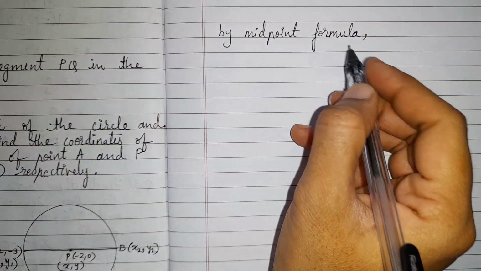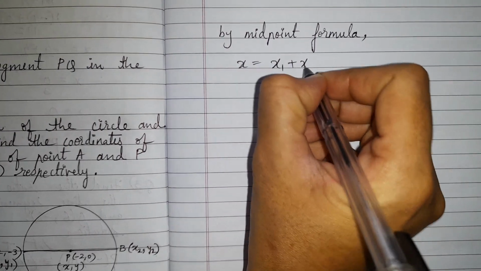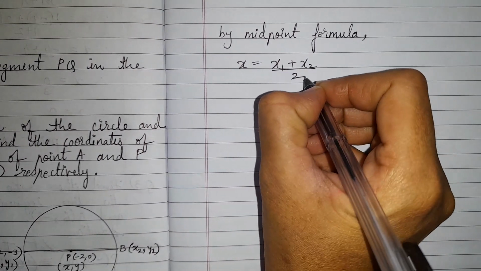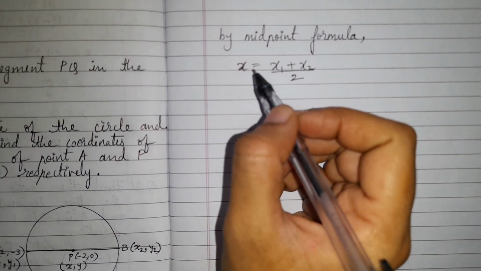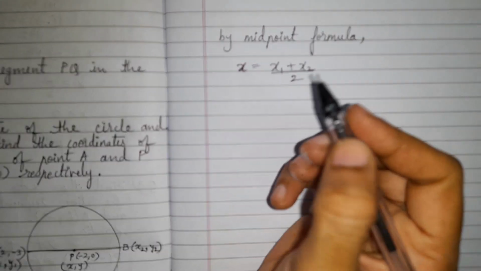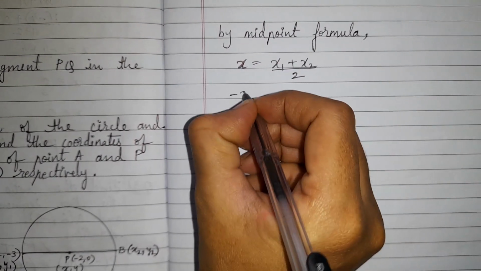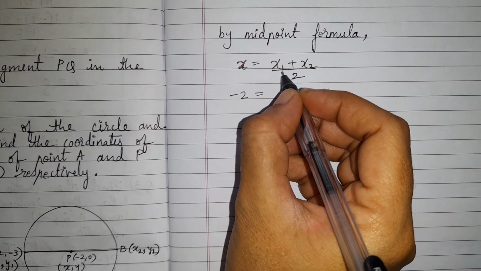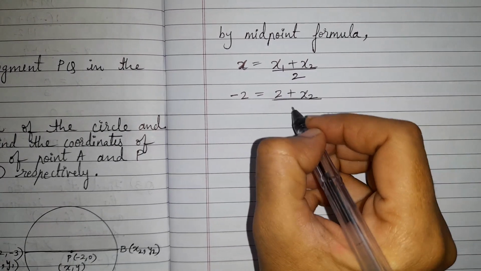By midpoint formula, x equals (x1 + x2) by 2, where x is the x coordinate of the midpoint. Its value is -2 equals (x1 is 2 plus x2, which we need to find) by 2.